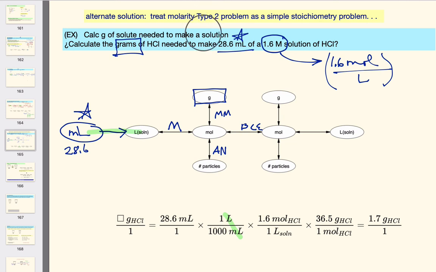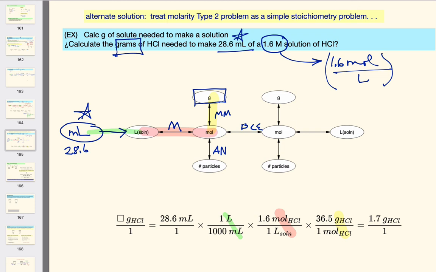And the second bridge we have to cross is going from liters to moles. And so we're going to use molarity in that case to convert liters to moles. And then the next step is to go from moles to grams. And of course, we're going to use molar mass as the conversion factor to get us from moles to grams.